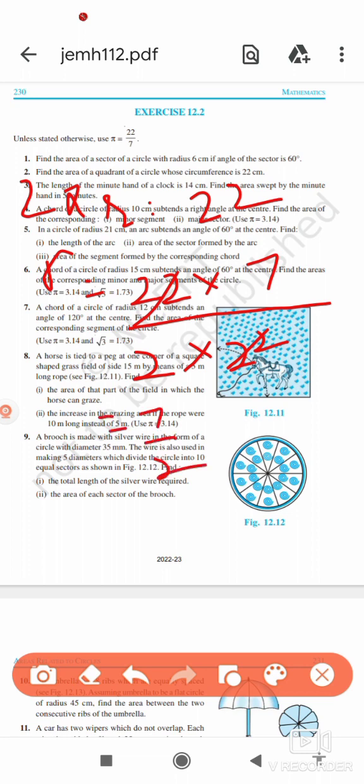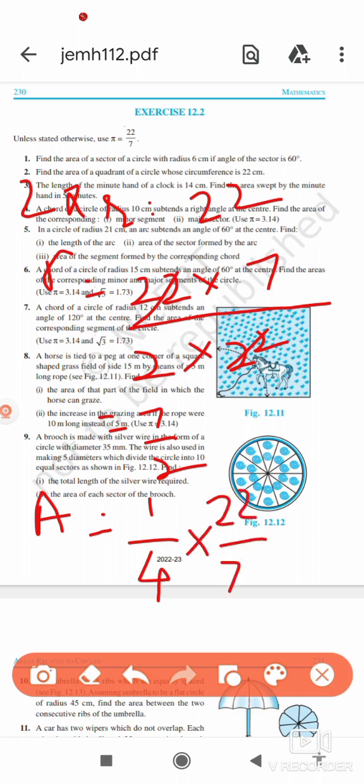Alright. Now if I find the area, the quadrant is 1 by 4, 1/4 of it, into 22 by 7 into r square, that is 7 by 2 into 7 by 2. Right. So that is how I have it. 7s would get cancelled, 2 with 11.